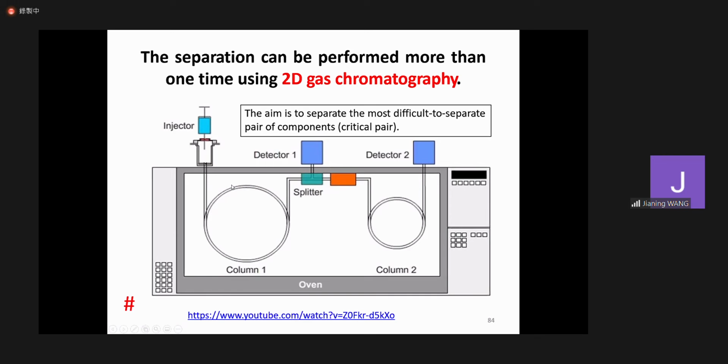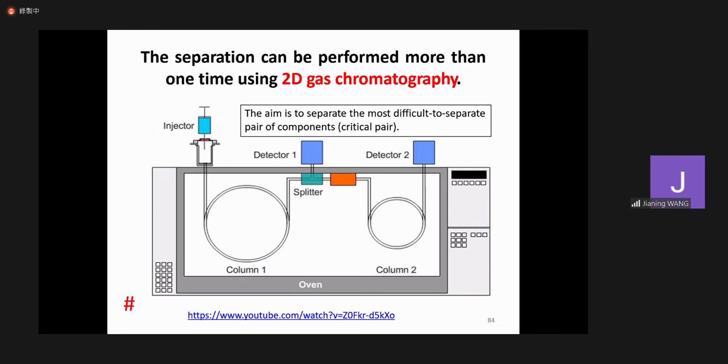Generally we have only one column coupled to the detector, but we can still connect another column, and this column also connects to its detector too. So this is a two-dimensional separation.